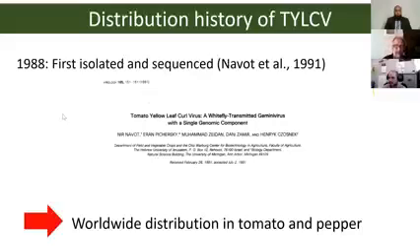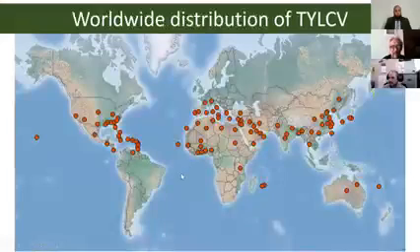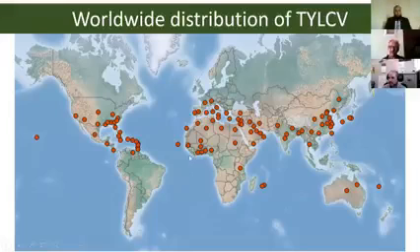But in 1988, a new paper appeared saying that the tomato yellow leaf curl virus, a whitefly transmitted virus, is also seed transmitted. Worldwide distribution of TYLCV.